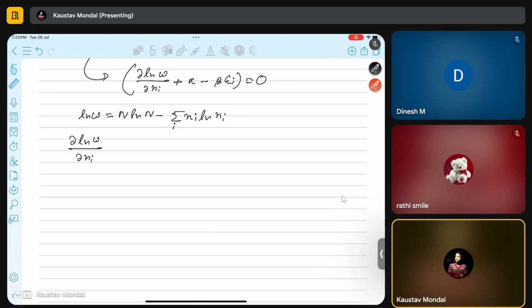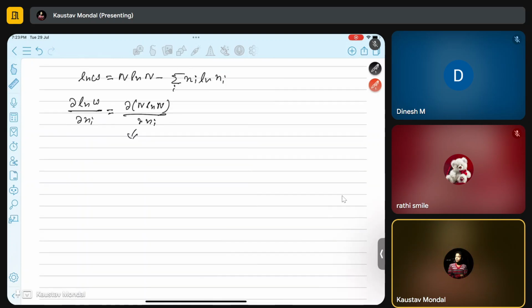Let's do the first term. Delta of n ln n by delta ni. This gives you n outside, then delta ln n by delta ni, plus ln n outside, so delta n by delta ni.